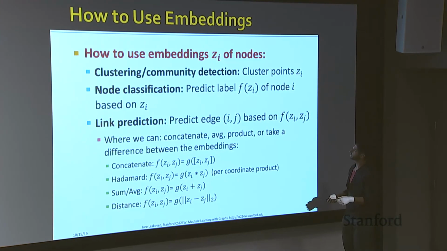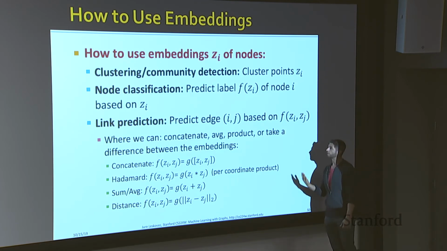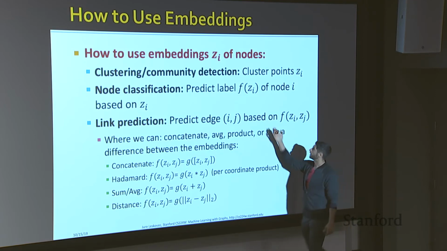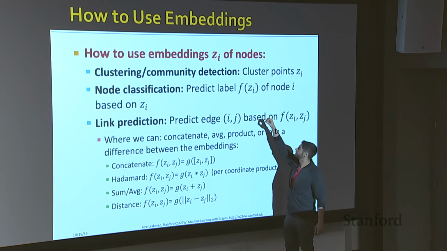First, we can use them to do clustering or community detection. We can find a set of points in our embedding space that are close to each other, and consider them to belong to the same community if they are all within a certain radius. Or we can use this to do node classification. Say we have a few labels, as in the second slide from today, and we have our node representations.